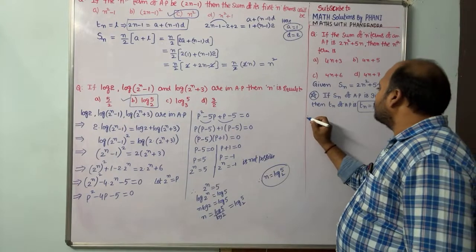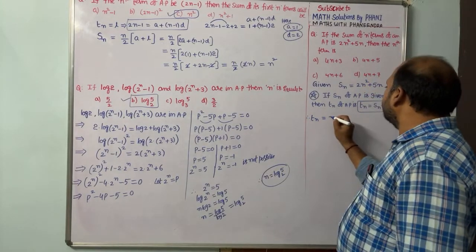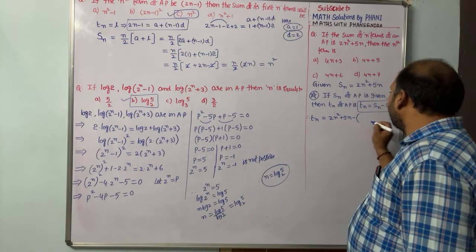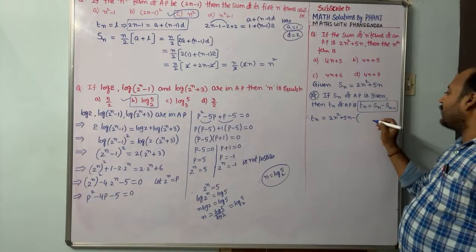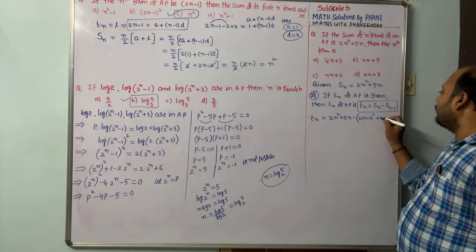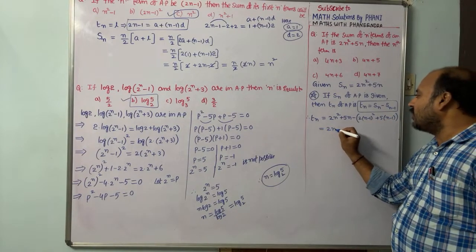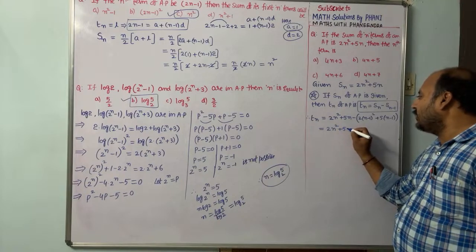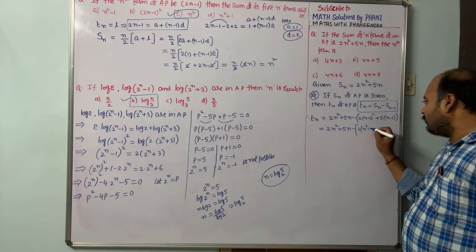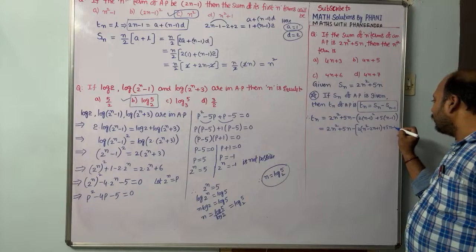So therefore Tn equal to Sn, means this value 2n square plus 5n, minus, keep bracket, Sn minus 1, wherever n is there replace with n minus 1 whole square plus 5 into n minus 1. Which is equal to 2n square plus 5n minus, keep bracket, 2 into n square minus 2n plus 1, plus 5n minus 5.